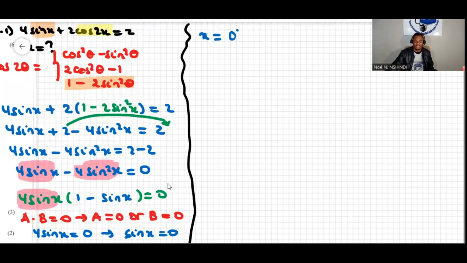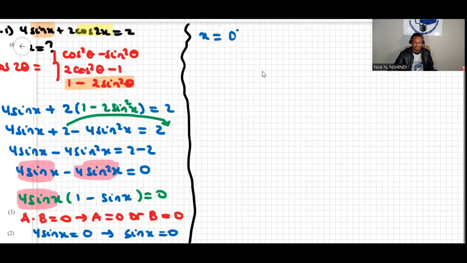So this will make 0 degrees plus 360 degrees k, where k is an integer. The integer is denoted by the symbol k. Excuse me, not really that, because this must be 180 plus 180k, yes, plus 180k.